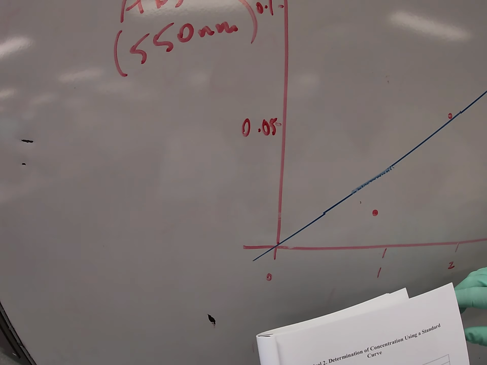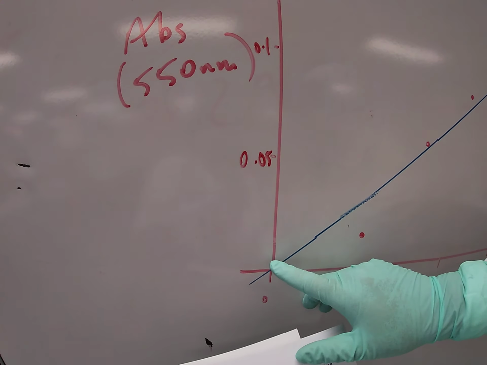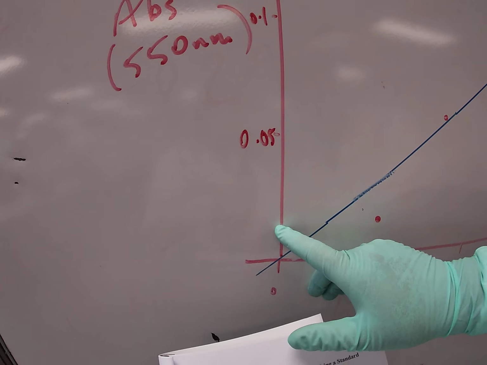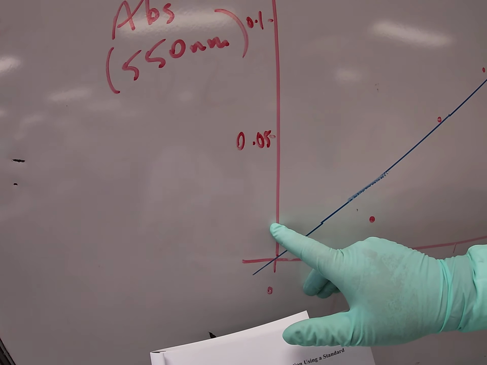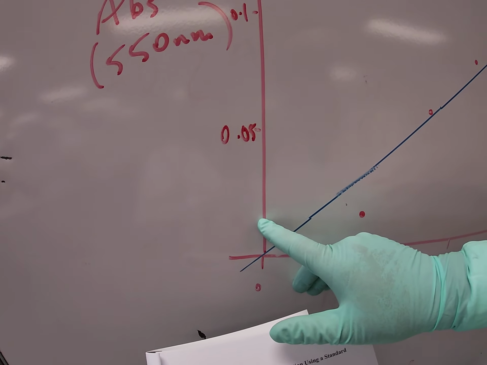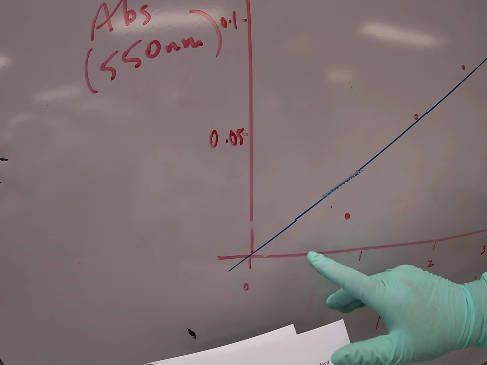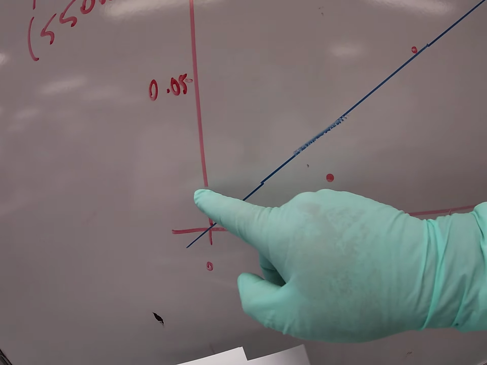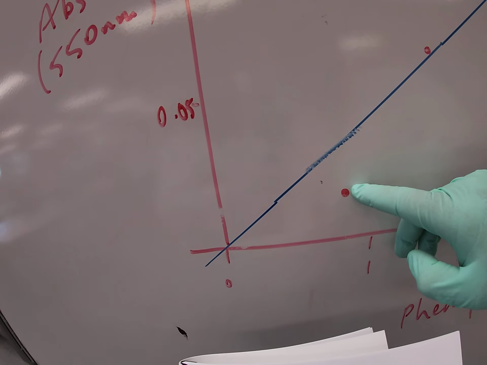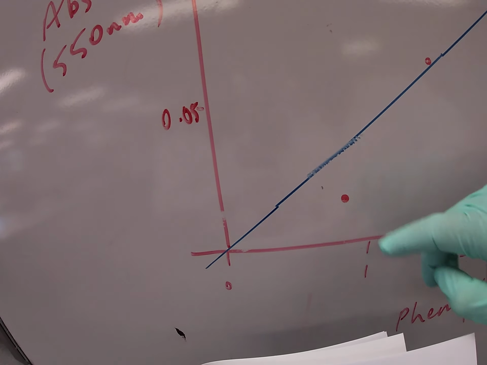Now remember, this is just a rough graph, so that is approximately there. We move across, up, and that's where we plot that particular point.